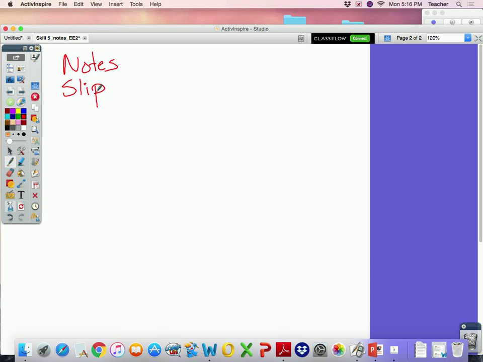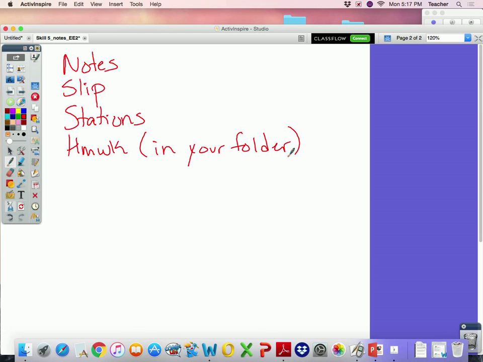And then if you are in first block and second block, so second period and fourth period, you need to get the stations and complete those by yourself. Then you can do your homework. Make sure it's in your folder. I will not check your homework tomorrow if it's not in the prongs.